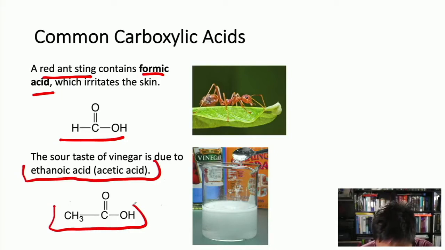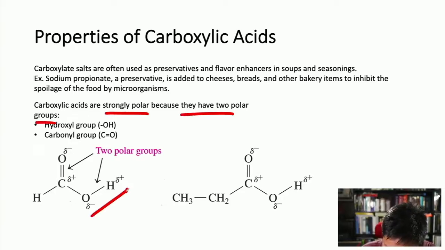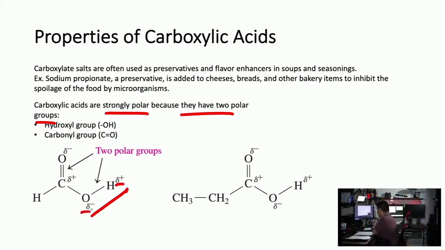So let's talk about some polarity and properties of carboxylic acids. The carboxylic acids are strongly polar because they have two polar groups. You have the hydroxyl group right there, which is very polar because it's partially positive on the hydrogen side and partially negative on the oxygen side.